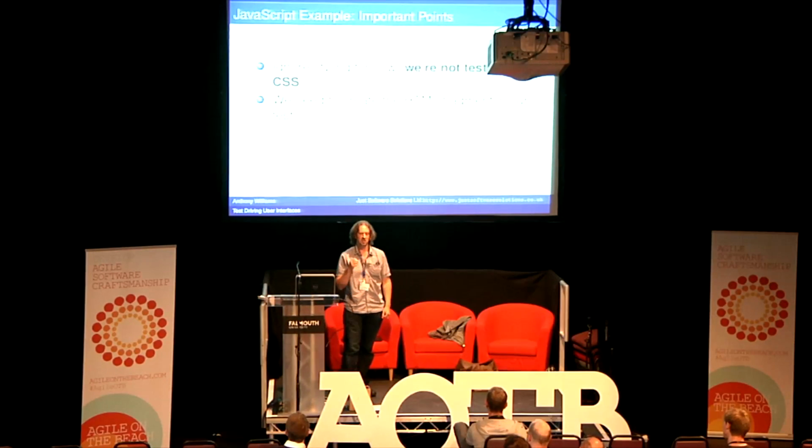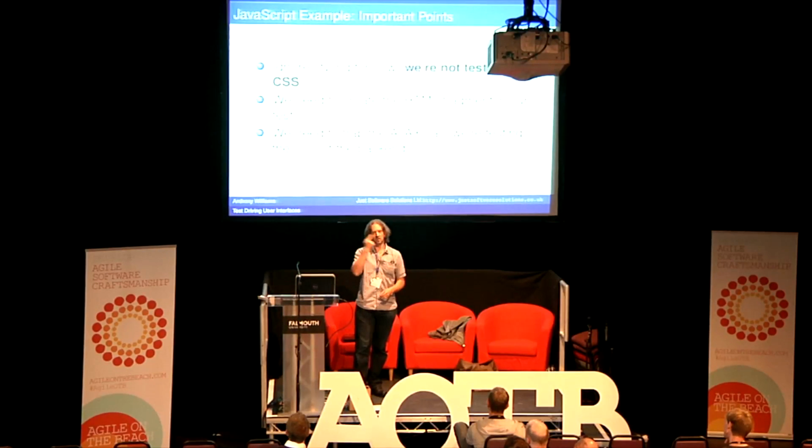It's part of our application, so we're going to test that it's correct. And thirdly, we're going to trap the AJAX call that sends the request to the backend. We're not testing the backend, we're testing the UI. So we're going to trap that AJAX call and simulate the results in our test.